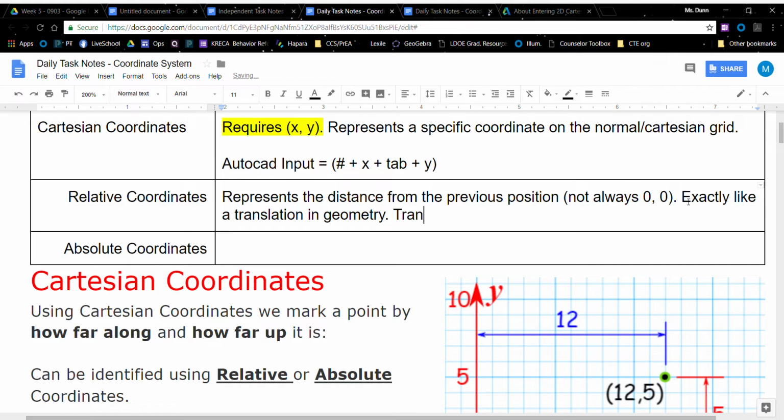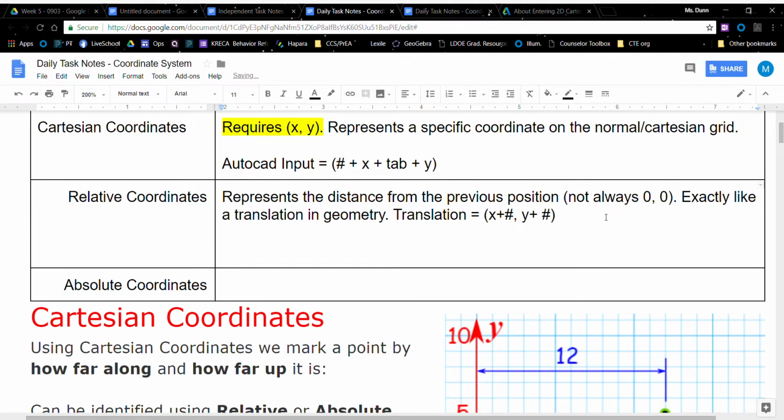So when I translated, translation gave me x plus a number and then y plus a number, right? And that told me that I was going to go to the right or the left if it was negative from x, and up or down if it was y.